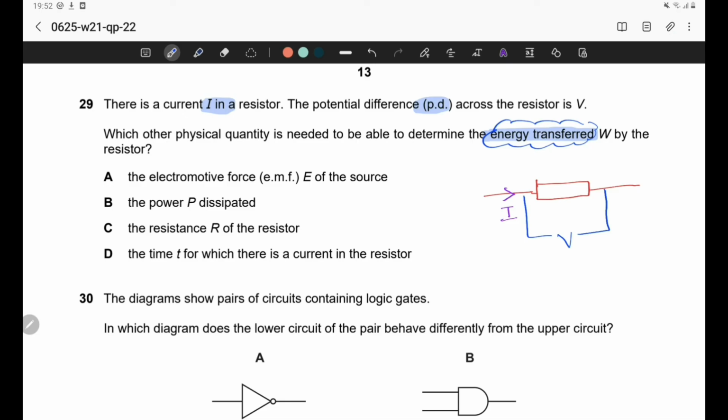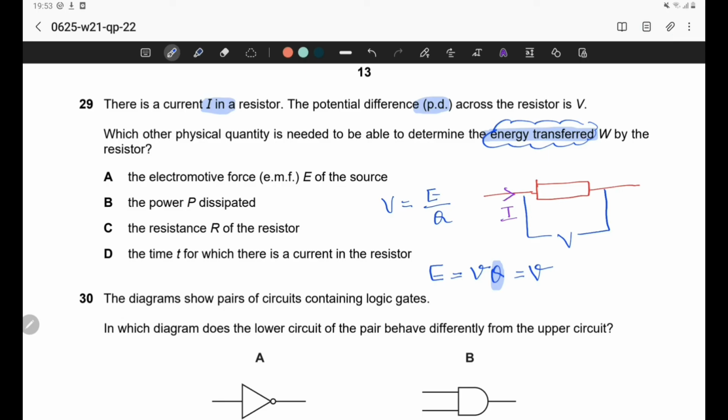So here we can use the equation of voltage. Voltage is energy transferred over charge. From this we can write the equation by making energy the subject. So we get energy is voltage times charge. Again, charge is the product of current and time.